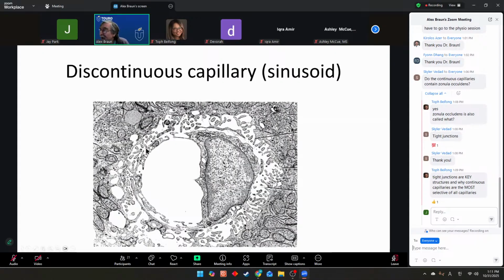It's hard for me to even find basal lamina here, which is really strange. Ordinarily, you expect to see basal lamina quite easily around an endothelial cell, but here you can't find them. It's almost as if there's almost free exchange between the lumen of these sinusoidal capillaries and the hepatocytes. It's as if the metabolic functions of these hepatocytes are so important that it needs to have very porous capillaries to do its job.